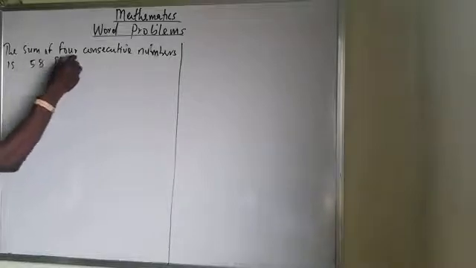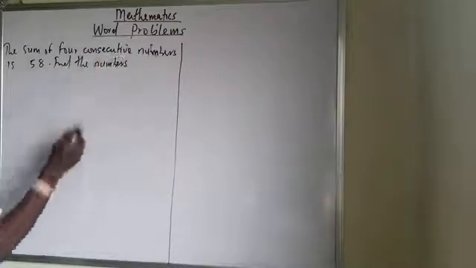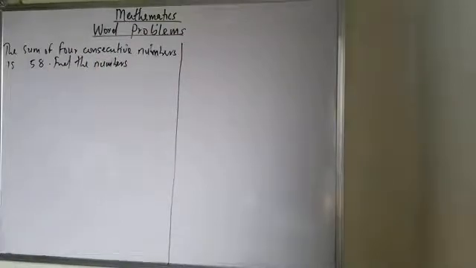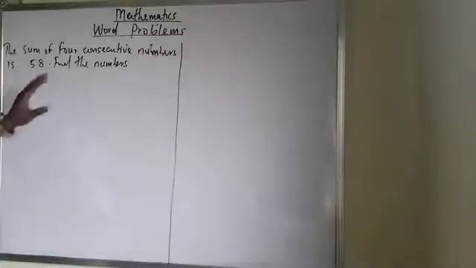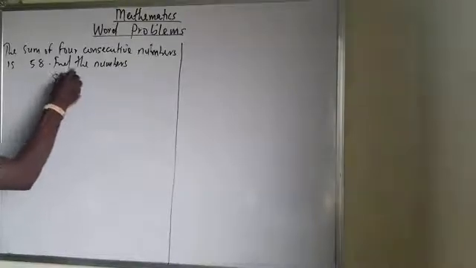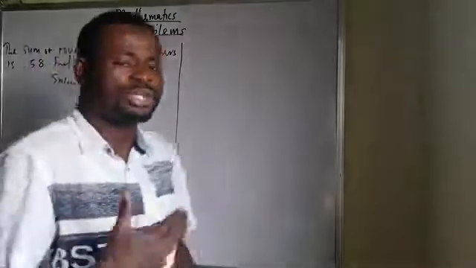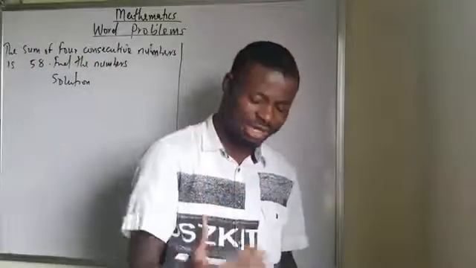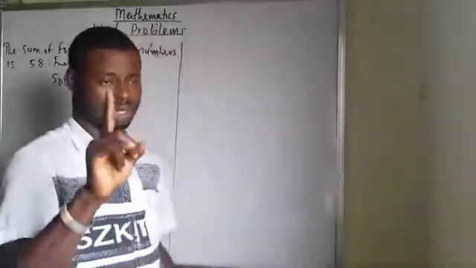Find the numbers. Now, look at this problem. The sum of four consecutive numbers is 58. Find the numbers. The solution to this little problem is a simple one, but you have to understand the meaning of consecutive. Consecutive means the numbers are arranged one after the other. It means the difference is one.